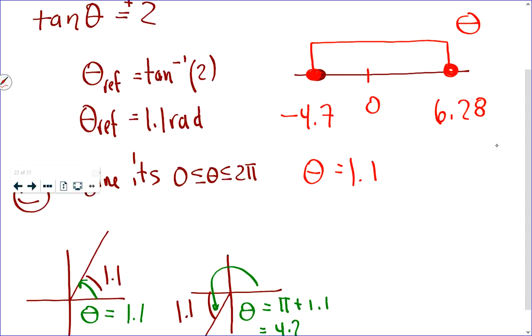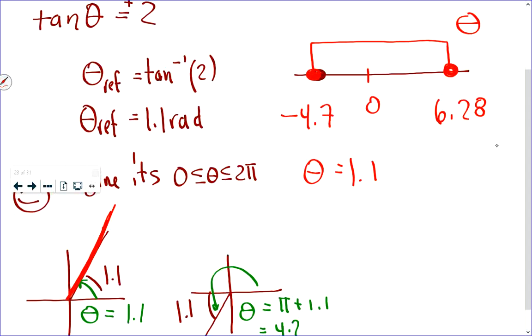We're not done with 1.1. Because this location right here, this terminal arm that I'm going to indicate in red, is the place that tangent is equal to 2. But it's not the only way to get there. I could, instead of going 1.1 rads, go 1.1 plus 2 pi rads.